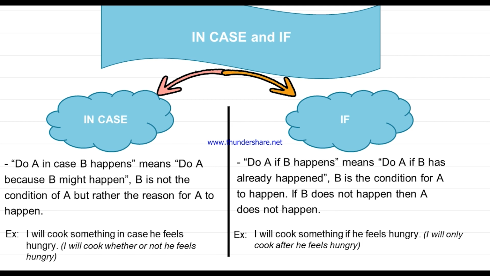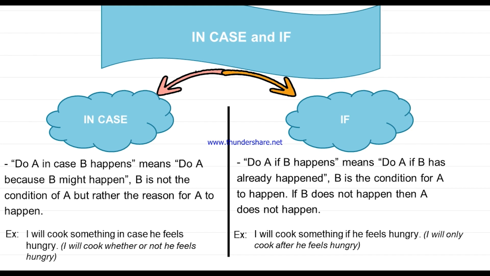For example, I will cook something in case he feels hungry, or I will cook something whether or not he feels hungry. He feels hungry is not a condition, but it is the reason for A to happen. Because I think he might feel hungry, I will cook something.